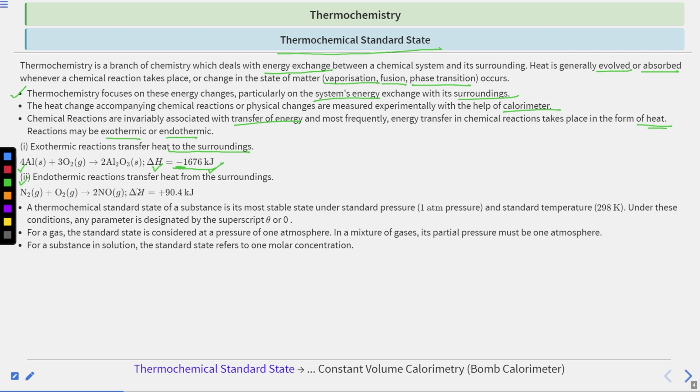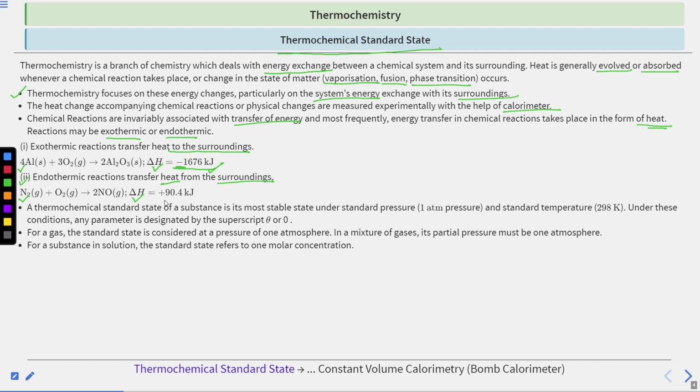The second type is endothermic reactions. In this type of reaction, energy or heat is transferred from the surroundings. They take heat while performing the chemical reaction. For example, N2 reacts with O2, giving nitric oxide, and heat is absorbed in this process.